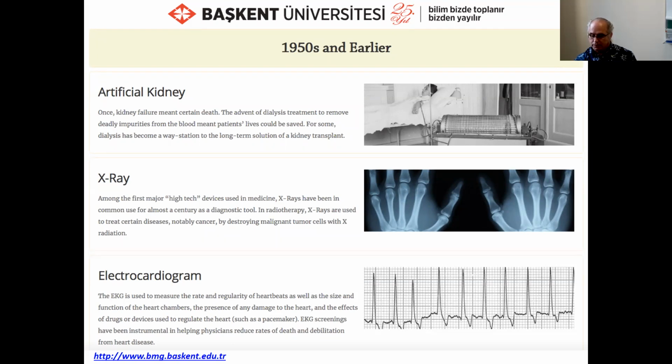And during that time, also the X-ray, which was the first major high-tech device used in medicine, and X-rays have been commonly used as a diagnostic tool even in our current century. And the electrocardiogram is used to measure the rate and regularity of the heartbeats, as well as the size and function of the heart chambers. And also it's commonly used nowadays.